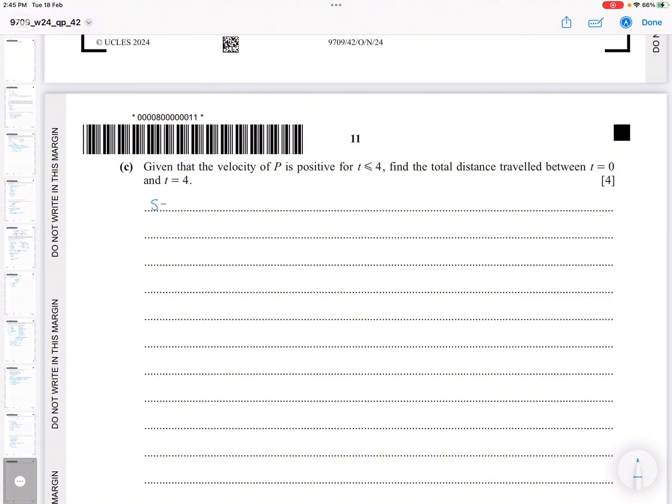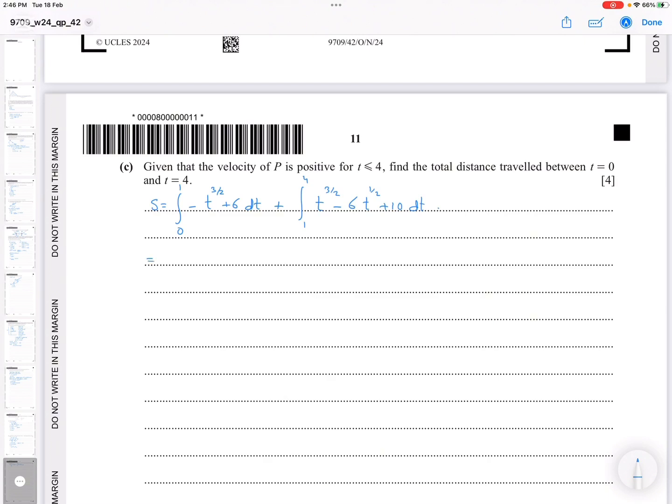So s is equal to integral and limit from 0 to 1 minus t power 3 by 2 plus 6 dt plus integral from 1 to 4 t power 3 by 2 minus 6 t power 1 by 2 plus 10 dt.